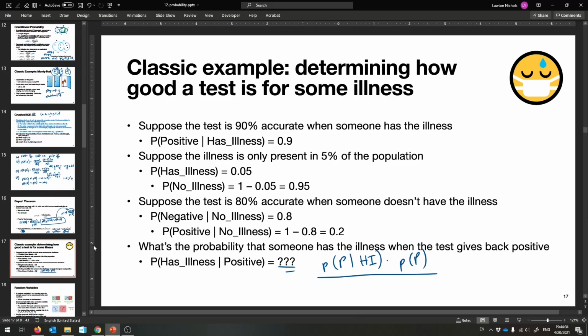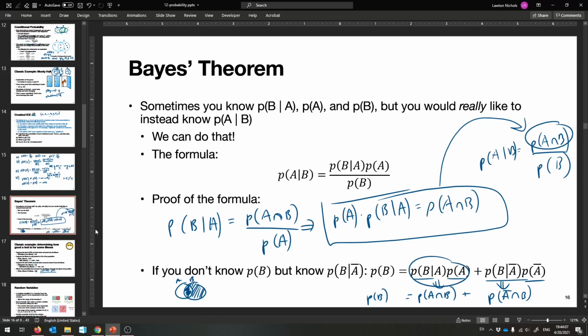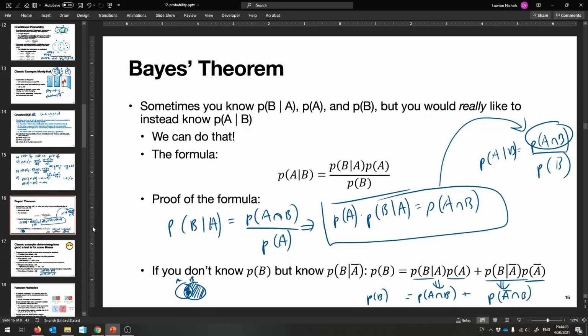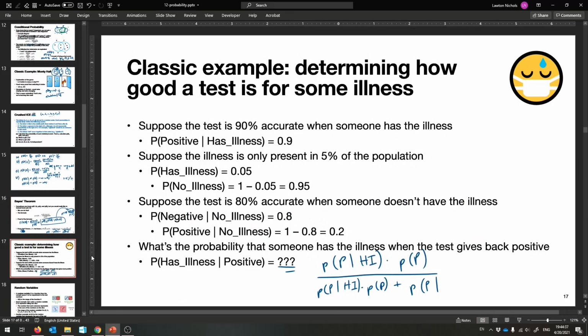Then we calculate these intersections: the probability of positive given you have the illness, times the probability of having the illness, plus the probability of positive given you don't have the illness, times the probability of having no illness. So that's the answer, and we just need to fill these in.